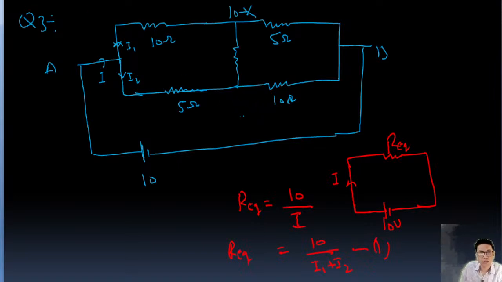So the voltage at this point is X, we have taken, and this is going to be 10 minus X. This is 0, guys, and this is 10, and that's why the voltage at this point is going to be 10 minus X. So this is an important step.